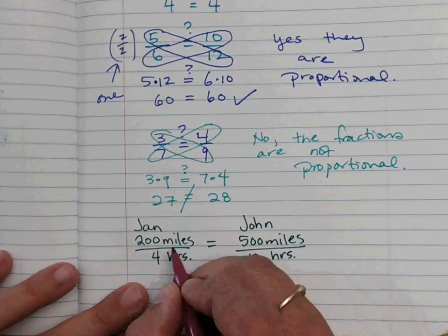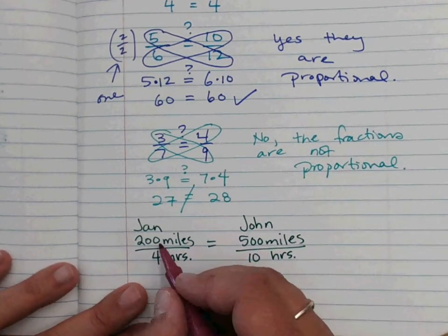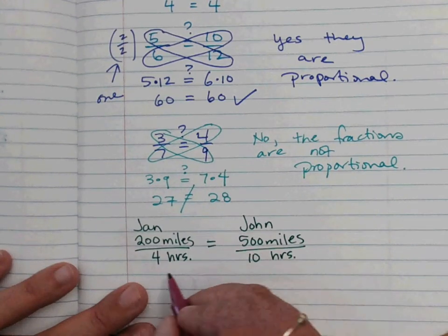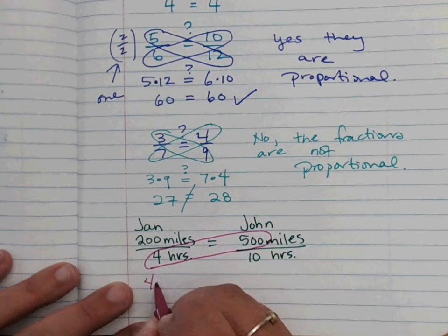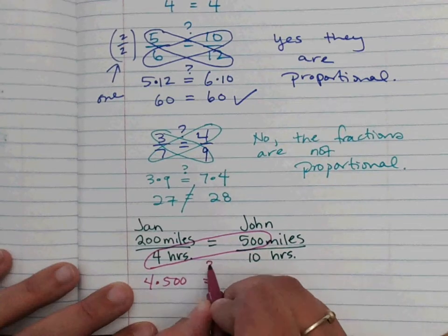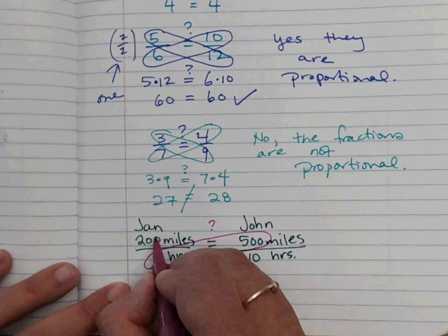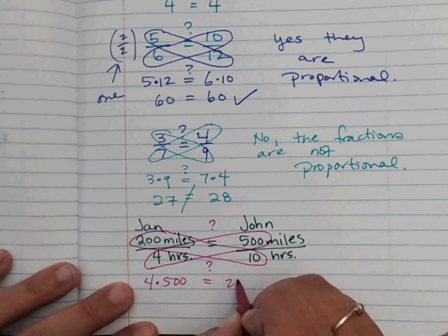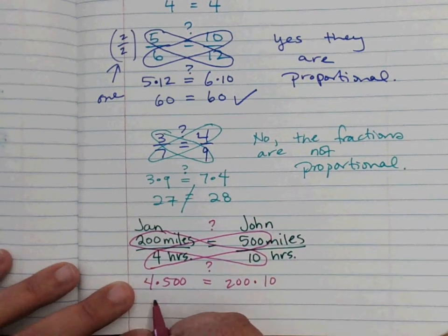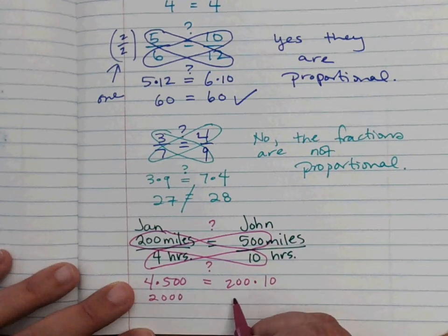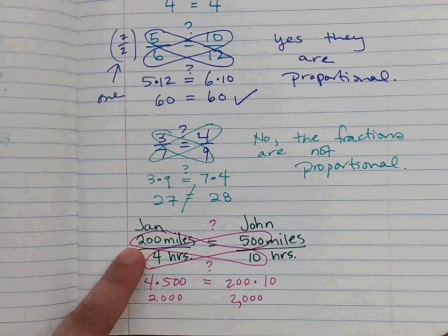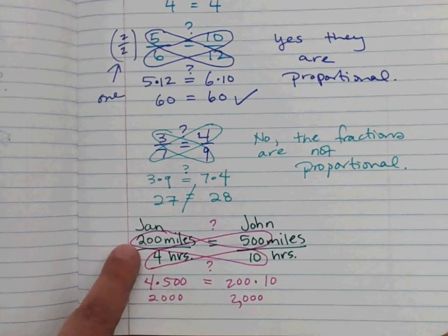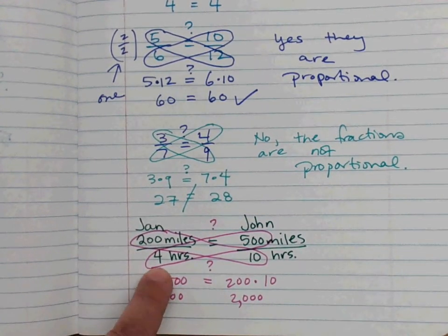So let's just use this new strategy. We were talking about unit rates before, and we would just divide, but let's do it both ways. I'm going to first do 4 times 500. Is it equal to 200 times 10? 200 times 10 is 2000, and 4 times 500 is 2000. Spot on. And let's look at their unit rates. If I figure out the unit rate for Jan, I'm just going to divide 200 by 4.